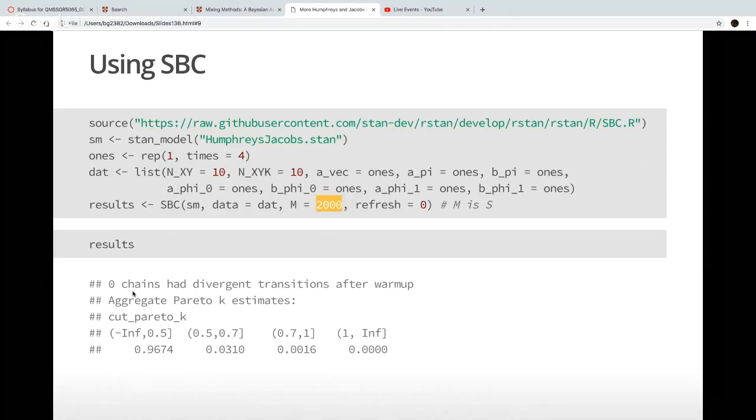If that happens, you might have to run it again, but you get a sense of what value of adapt_delta you're going to need when you do your actual analysis conditioning on your actual data. But in this case, even with the default settings, no divergent transitions.